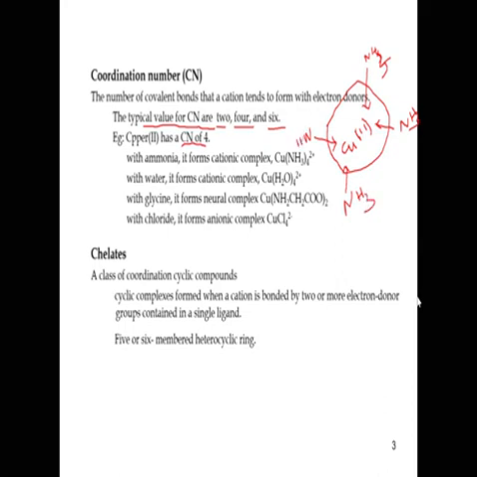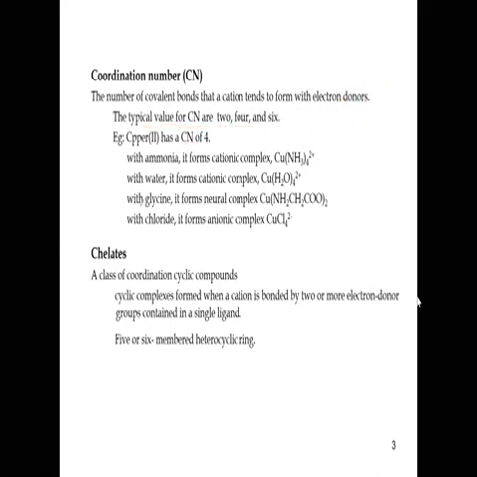It is a neutral one. So what is the total complex now? The total complex is positively charged, 2+. Similarly, with water it forms a cationic complex like this one.